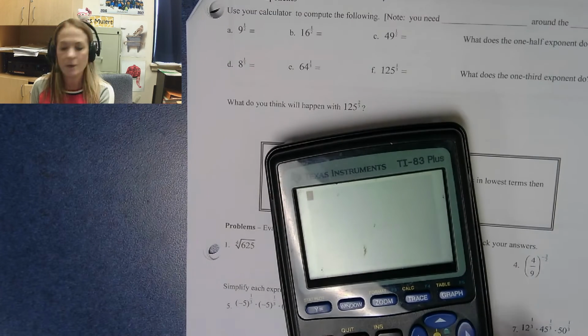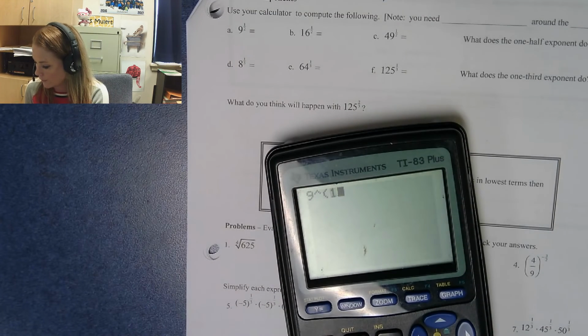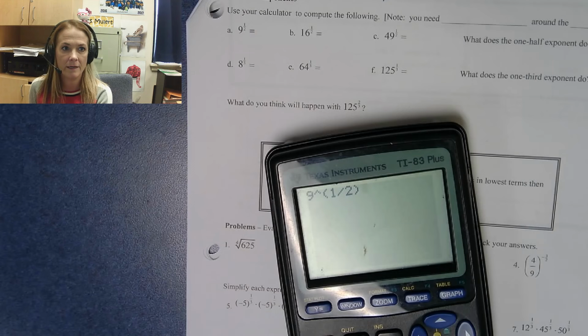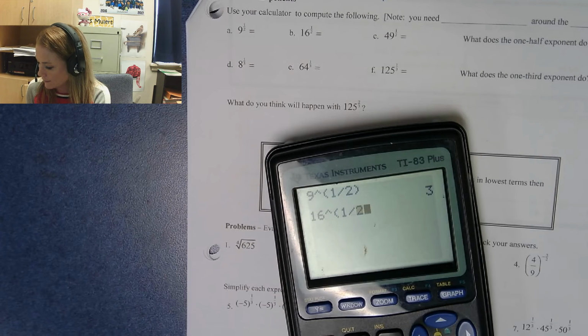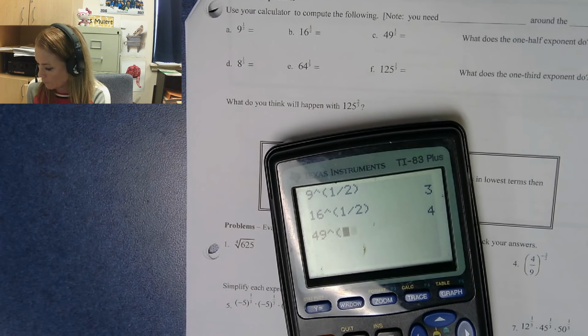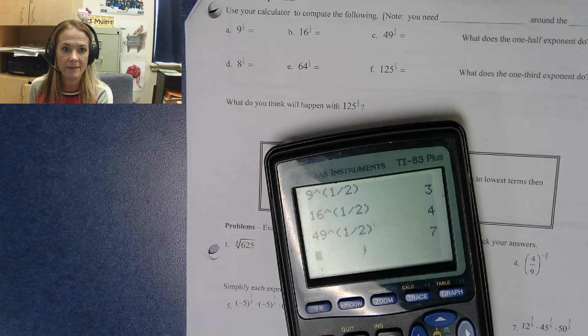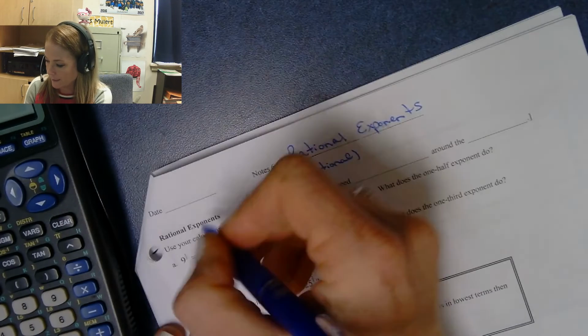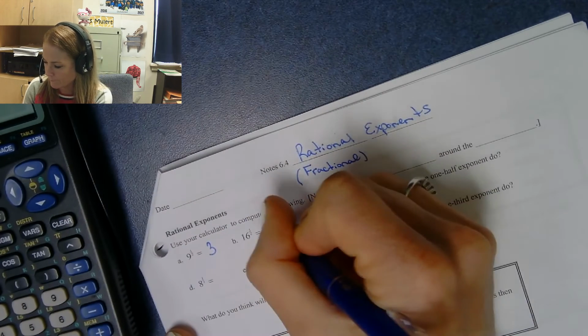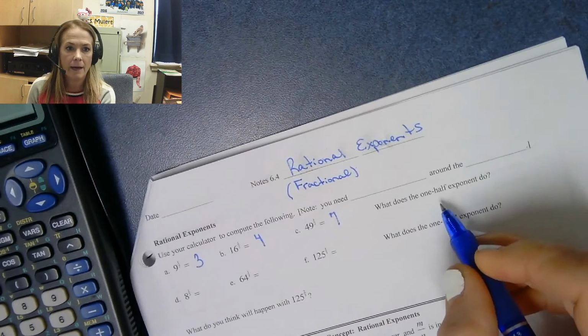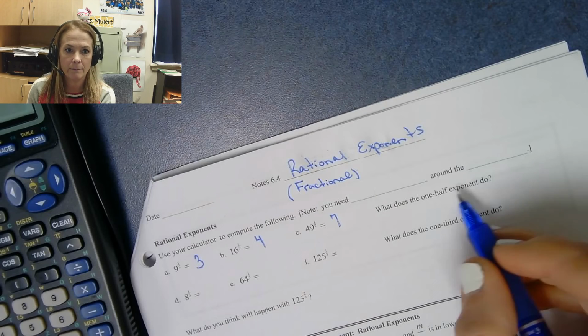Okay, so if we were to use our calculator to compute these questions on your notes, you have 9 to the 1 over 2. Notice that I have to have the exponent, that is a fraction, in parentheses. So 9 to the 1/2 is 3, 16 to the 1/2 is 4, 49 to the 1/2 is 7. So what does a 1/2 exponent look like it will do?